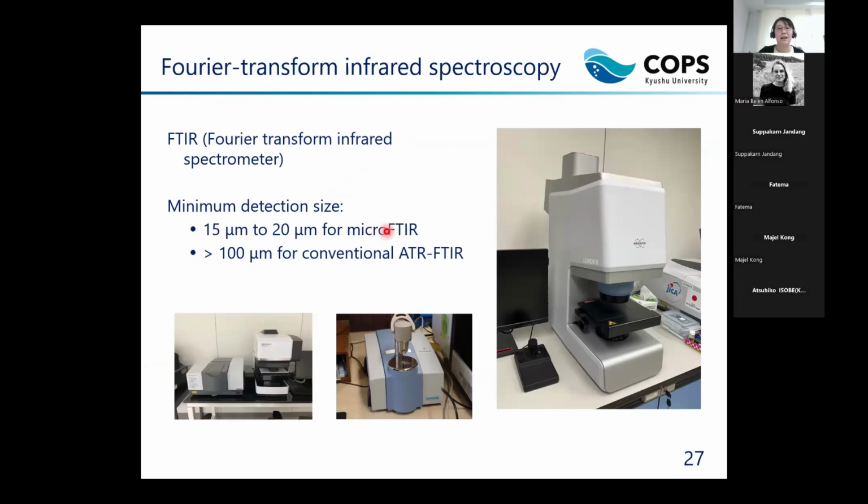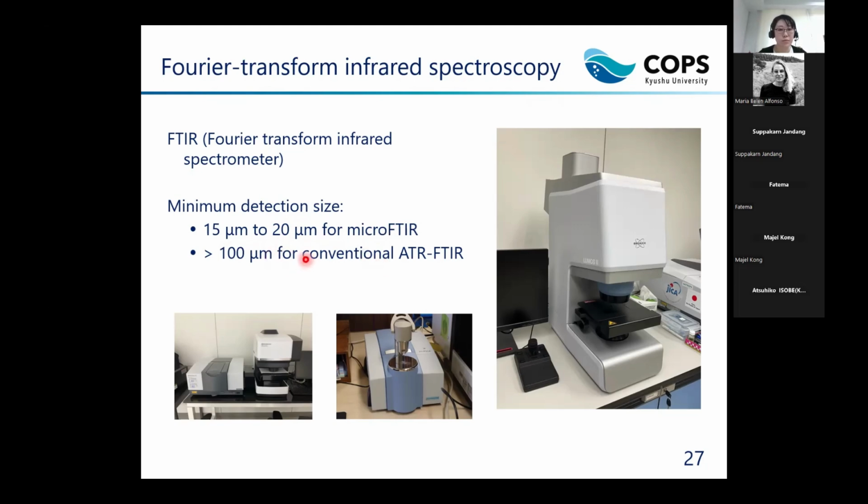yes. In the case of the micro FTIR, 50 micron to 20 micron is the minimum detectable size in practical terms. And some manufacturers say you can measure 5 micron, but in my experience, 15 to 20 micron is a safe level to say that this micro FTIR can measure the particle.